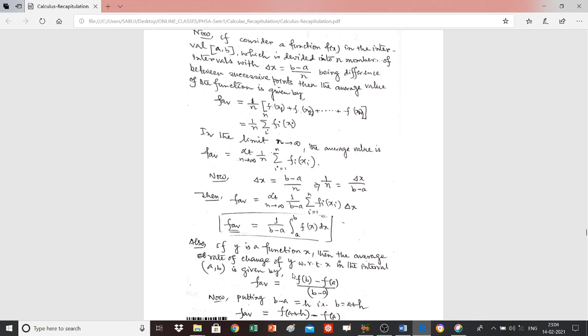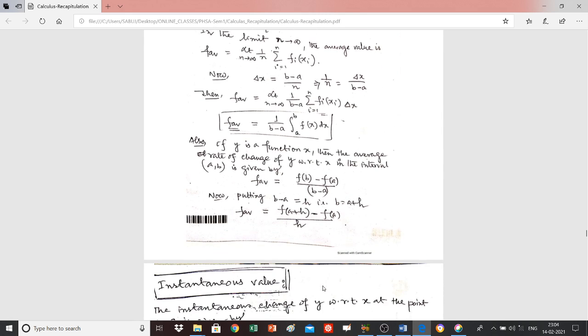So this is the average rate of change of y with respect to x. And from here, if you substitute b minus a by h such that b is equal to a plus h, you can write f average is equal to f(a plus h) minus f(a) by h.